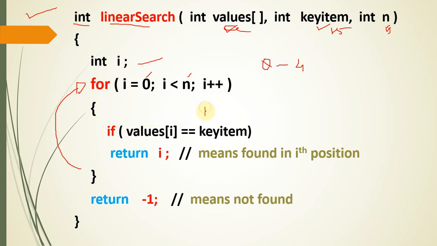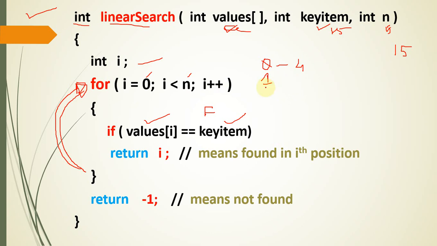So i equals 1 this time. You are comparing the key item 15 with the second element, A of 1, say 12. 15 is not equal to 12. Again the condition is false, and the next iteration is going to be taken.